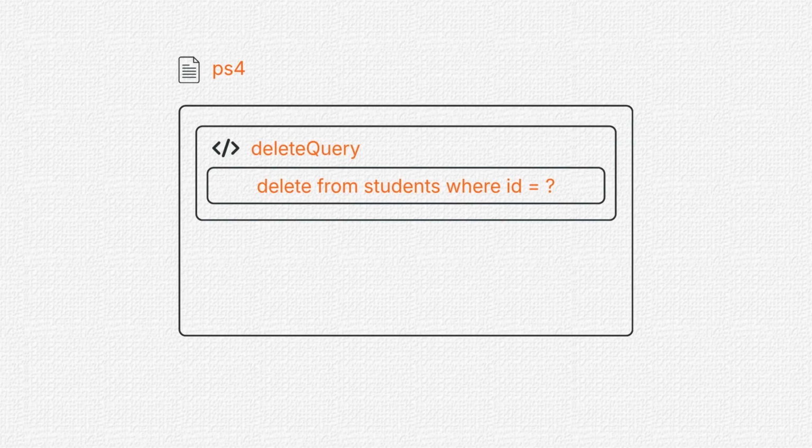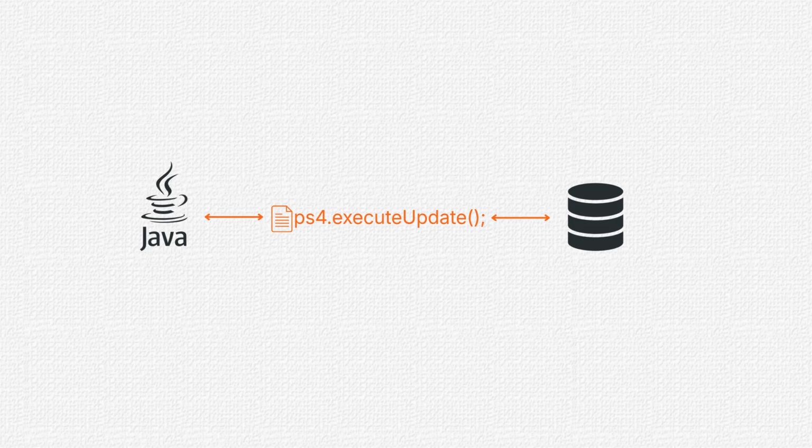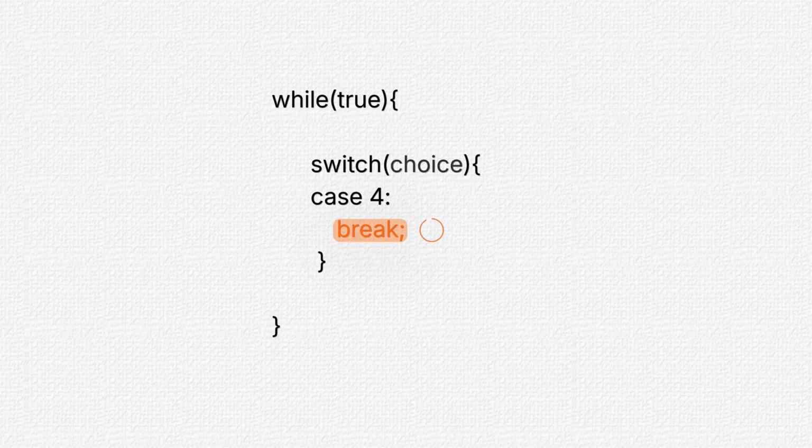A PreparedStatement object is created to execute the query. Next, the ID value is set using the setter method. After that, the executeUpdate method runs the query in the database. Finally, the program prints record deleted successfully. The break statement ends case 4 and control returns to the while loop.